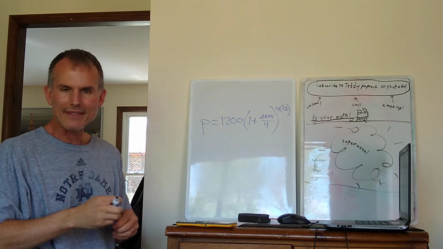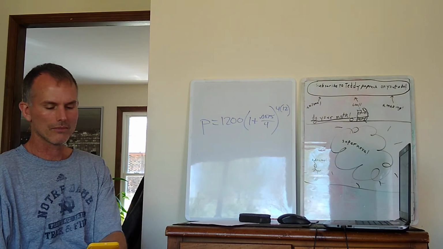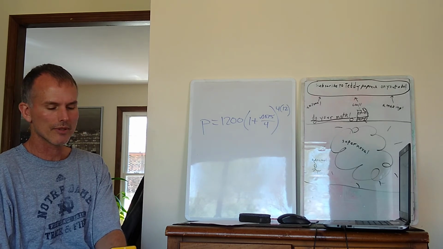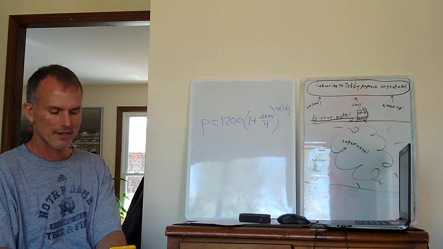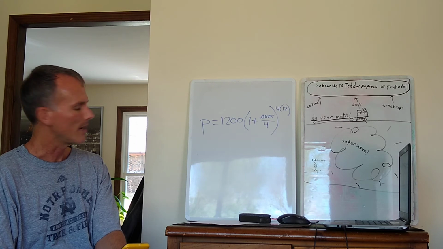If you do that, this should just be one calculator entry, so you can play along at home. 1 plus 0.0675 divided by 4.